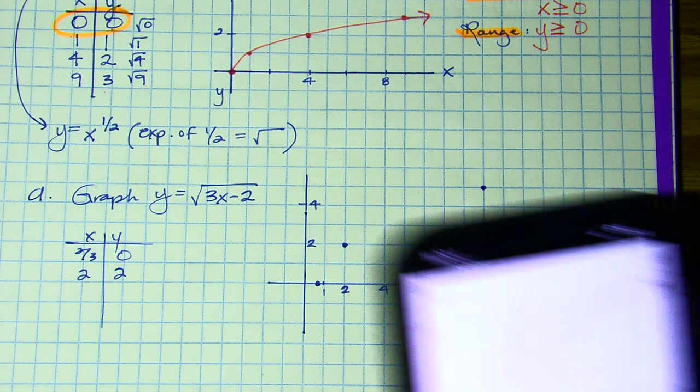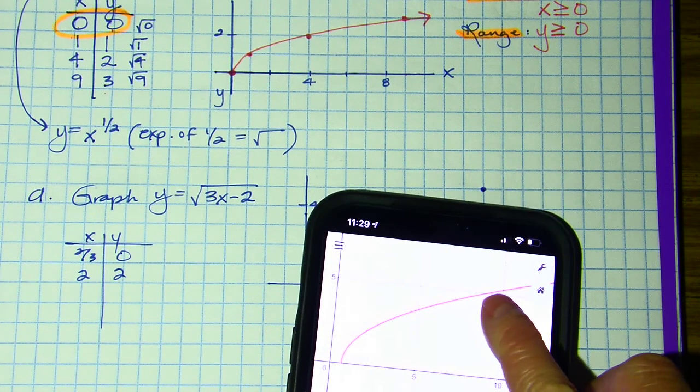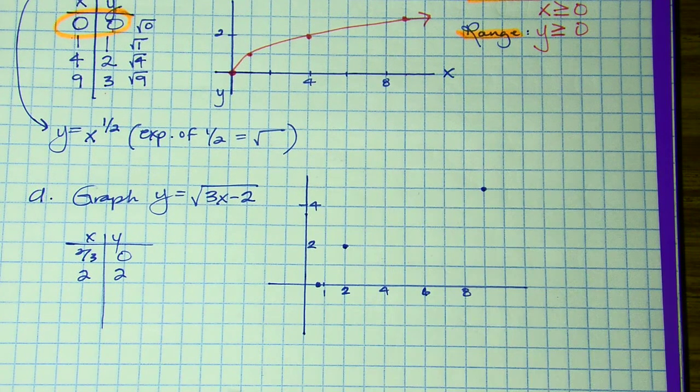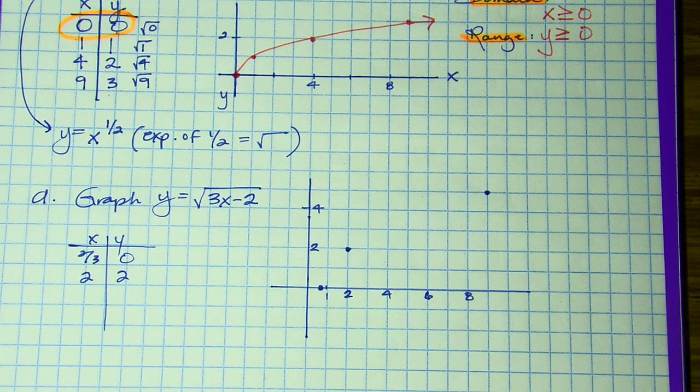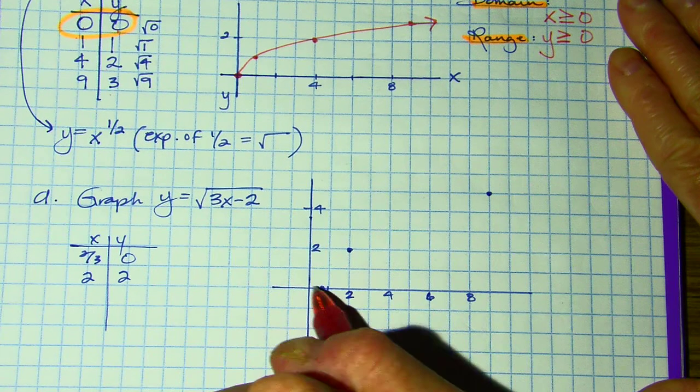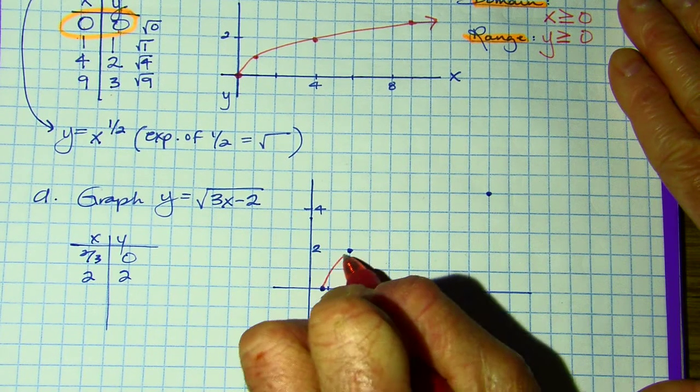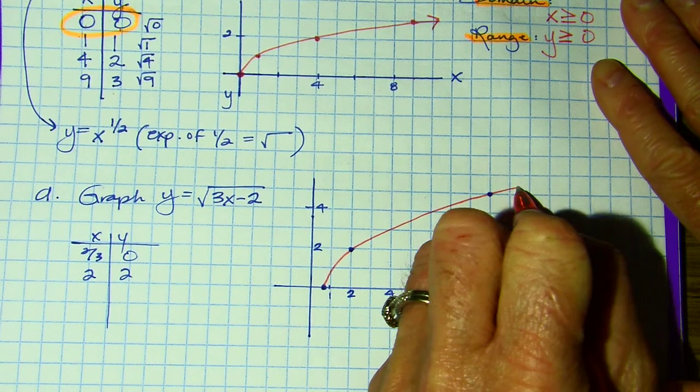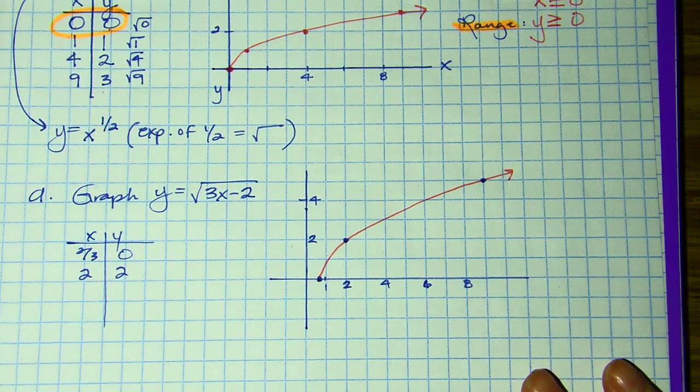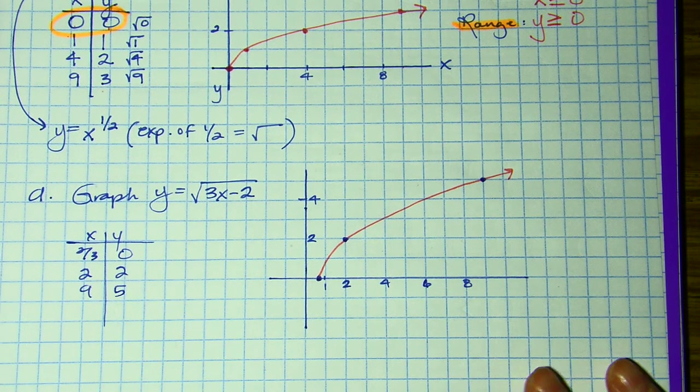So I'm just using Desmos and I'm looking for where it crosses. There's (9, 5), a nice couple of points. So here is my graph. Remember this, don't draw an arrow at this dot. This is where the graph starts. And so I grabbed those points from Desmos.